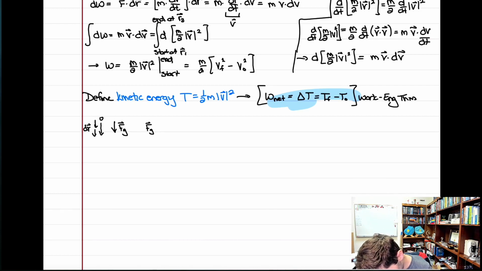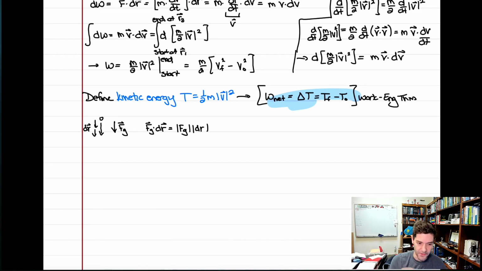So F sub g dotted with dr. Well, since those are exactly parallel with one another, that's just going to be the magnitude of the gravitational force times the magnitude of the step. And that would be a little bit of work that's done every time the ball falls a little bit in the air. And that's positive.